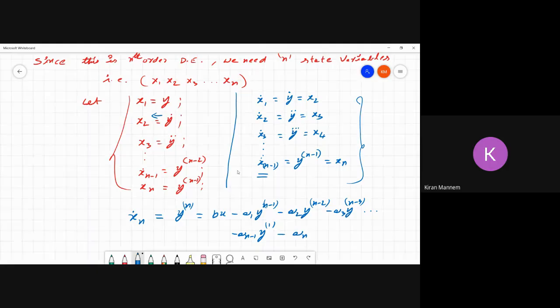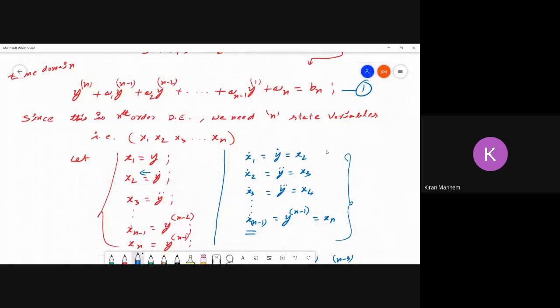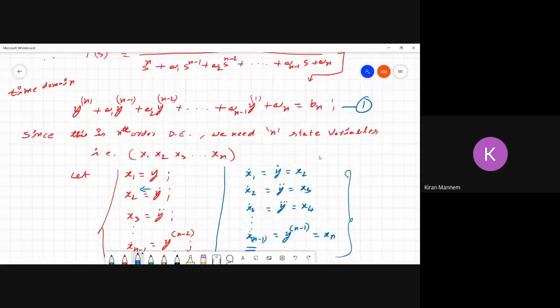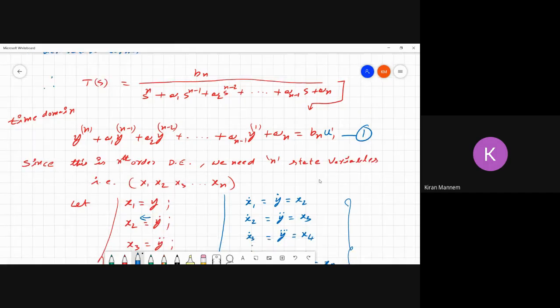So now how do you get this equation? Look at equation number 1. Oh, sorry, here I forgot this u here, right? bn into u, right?